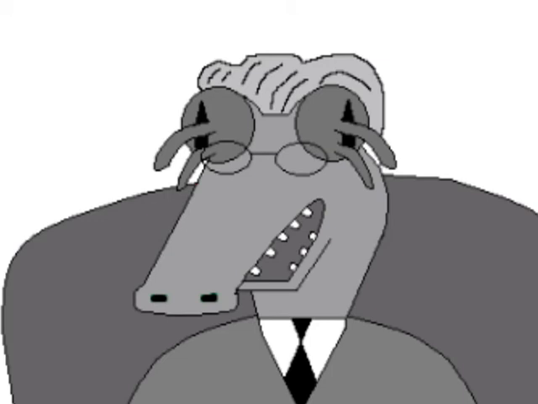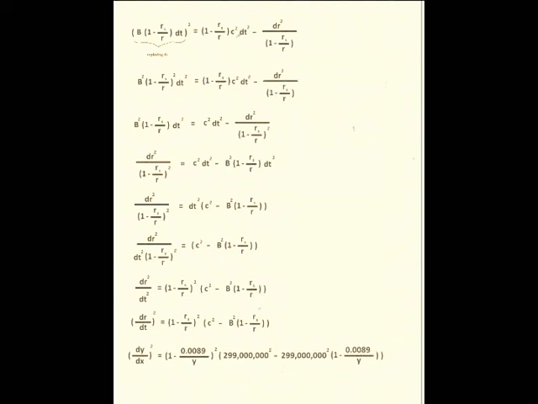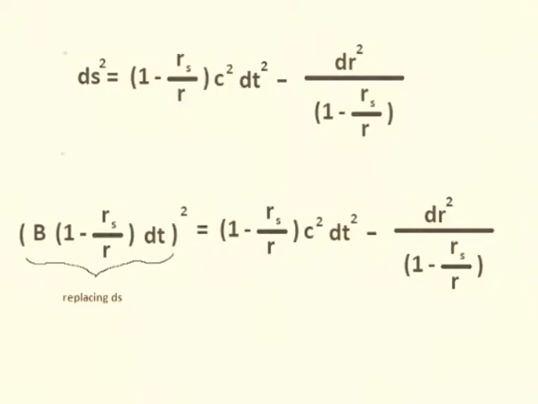Once we plug that in, we'll do some algebra to the equation to try to get to some graphable form that Desmos can handle. We'll do that here, trying to be very careful with all the easy to mess up algebra. We'll set ds equal to a constant b times 1 minus rs over r dt. Then we'll plug it into the metric. We get this equation.